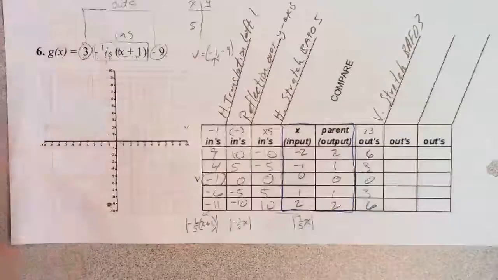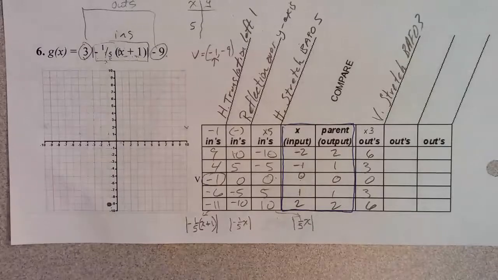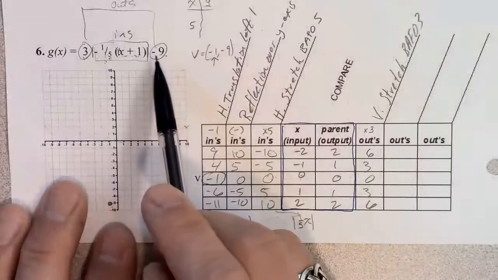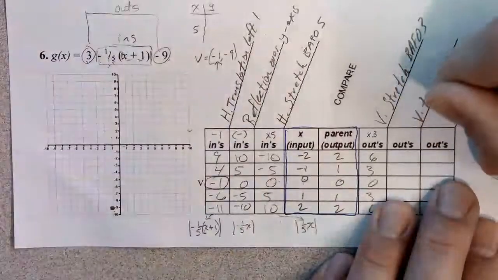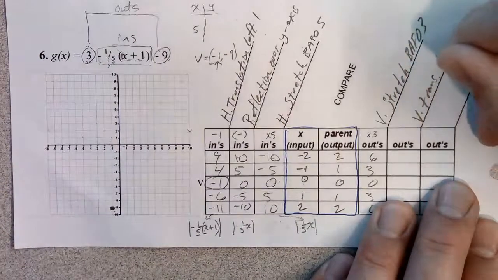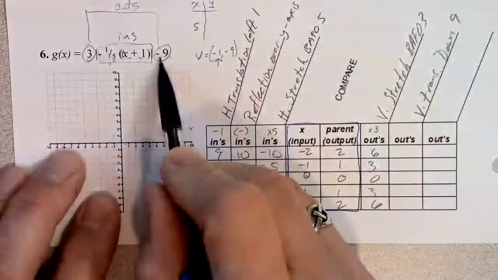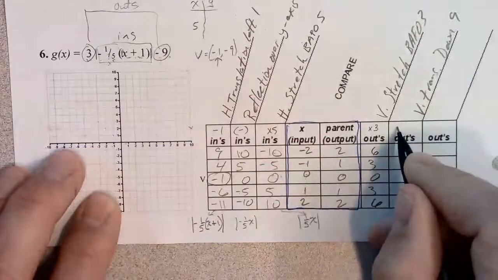Hopefully you got those. Go and tell your neighbor the last part. Nice work. I heard it there. Vertical translation down 9. So we're moving this down 9. That -9, which we actually do -9.